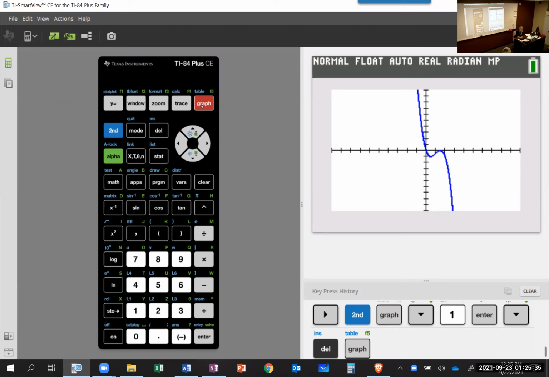So find your minimum and your maximum. Really, we just have one to find, I think.